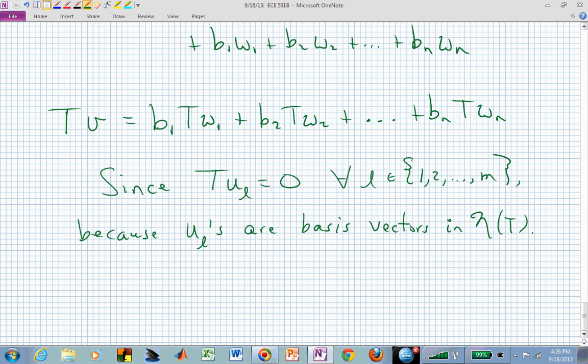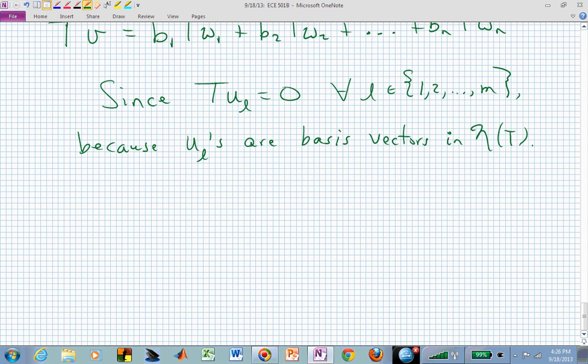That's going to give us all the possible vectors that result from this linear map T. The T w sub j's span the range of T.